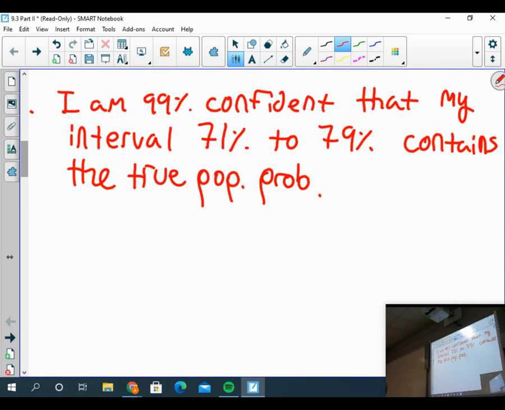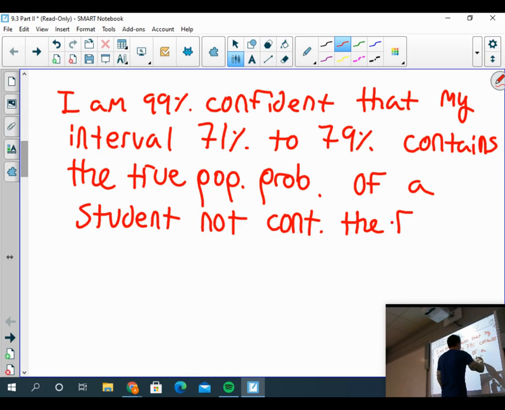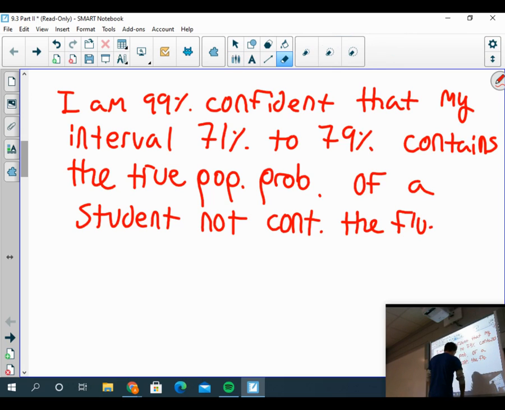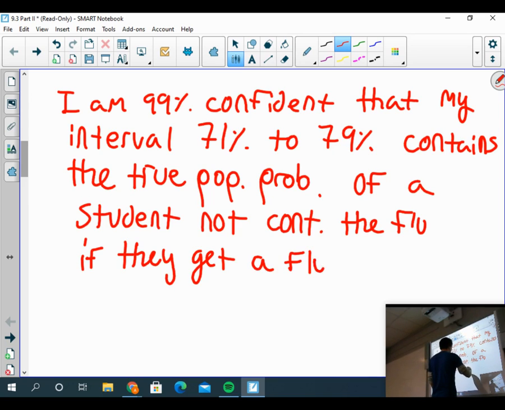So I am 99% confident that my interval 71 to 79% contains the true population probability of a student not contracting the flu if they get a flu shot. Again, we don't know what that true probability is.